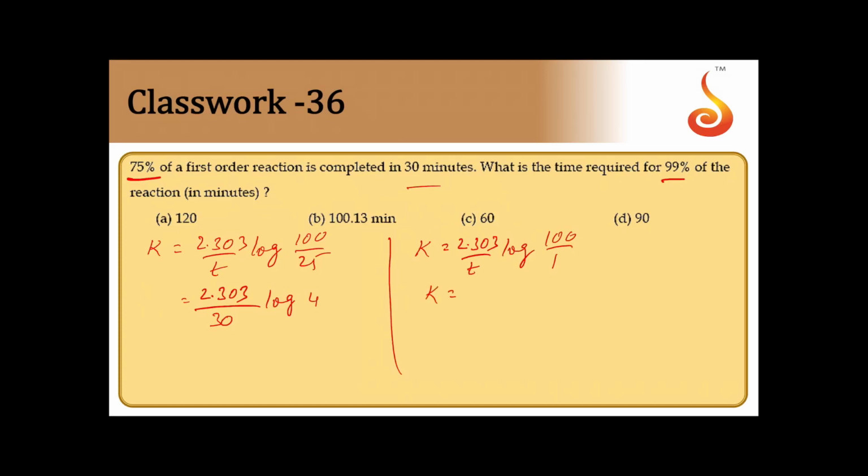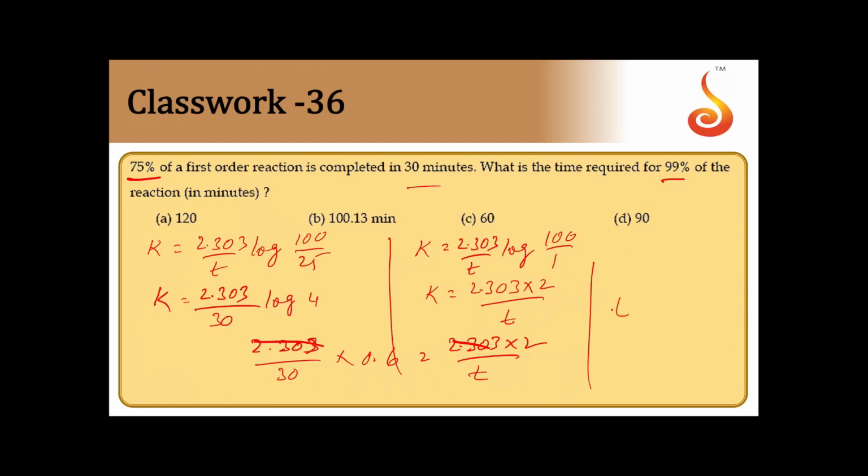Therefore K is equal to 2.303 into 2 by T. Now equating 1 and 2, because both the values of K will be same. 2.303 by 30 into log 4, log 4 is 0.6, is equal to 2.303 into 2 by T. So this value gets cancelled here. Simplifying further, you get the value T as 100.13. So answer is option B. Option B is the answer.